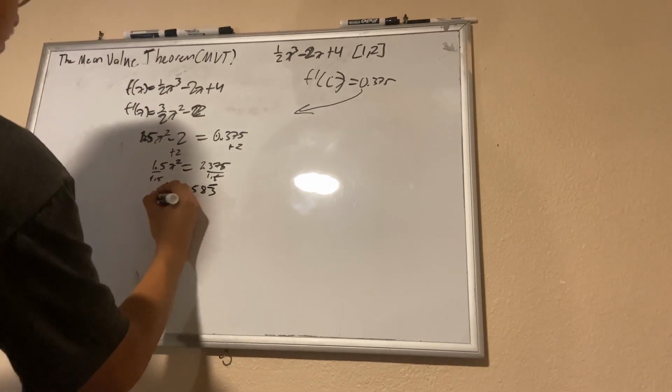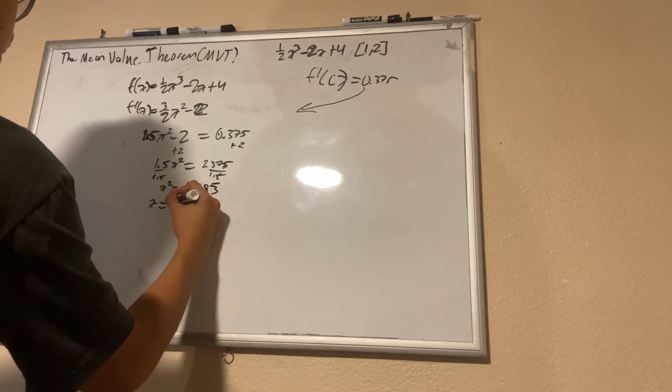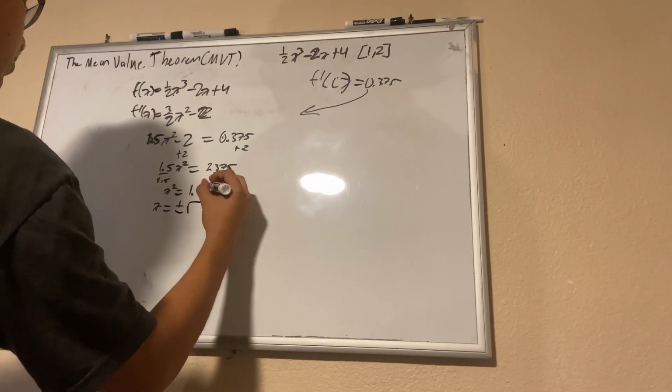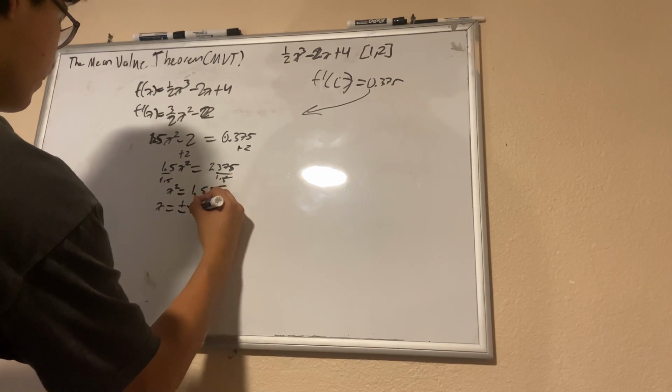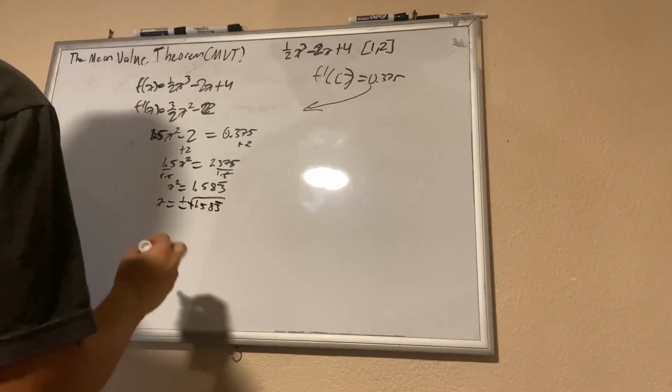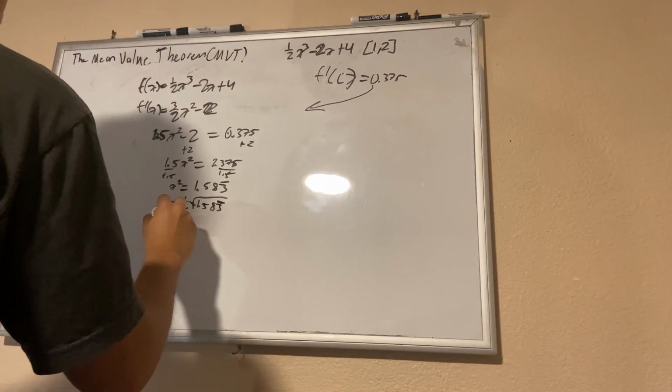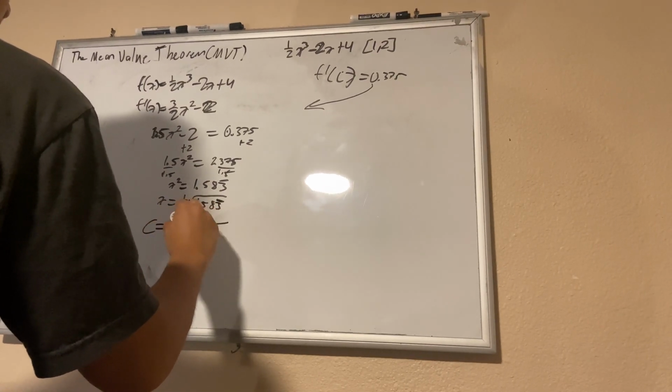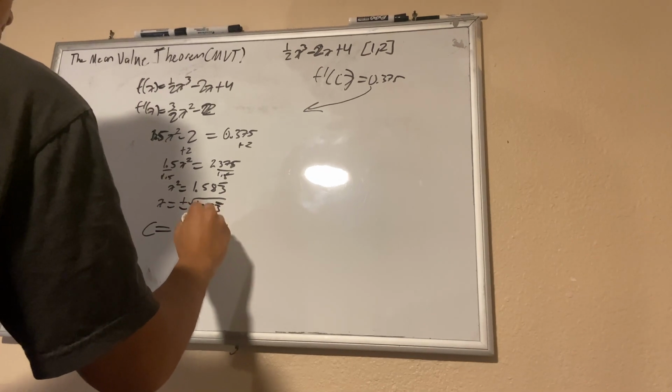And so when we do this, we get x is equal to plus or minus square root of 1.583 repeating. And so this would mean that our c is equal to plus or minus the square root of 1.583 repeating.